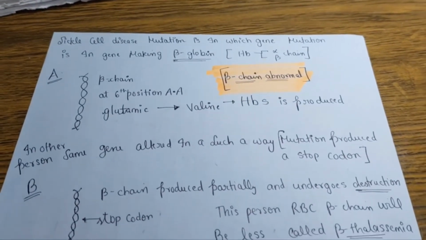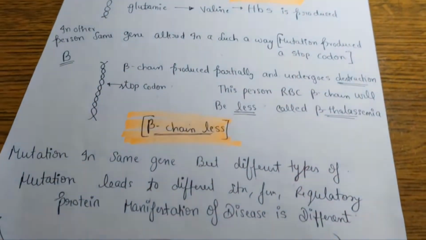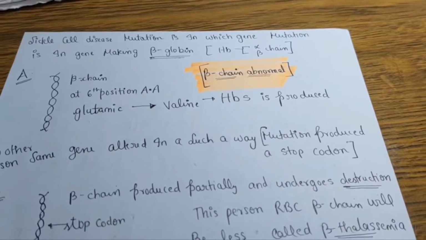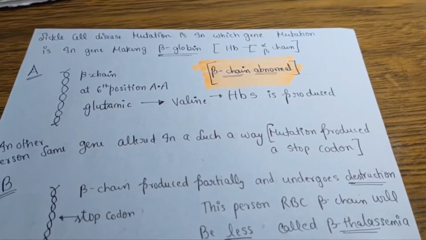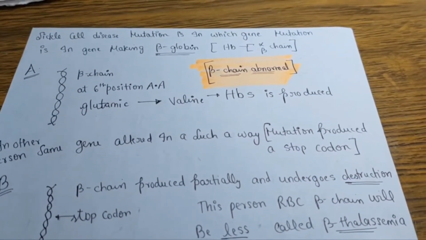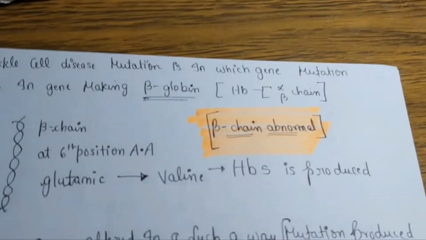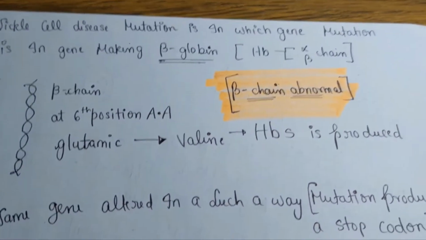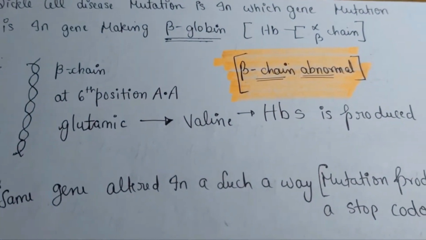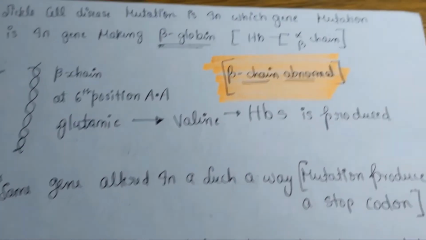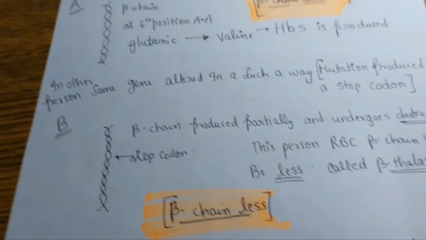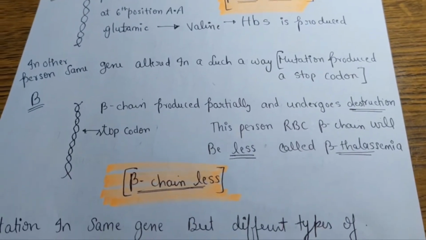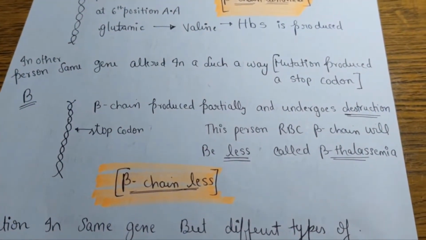So examples of allelic heterogeneity are sickle cell anemia and beta thalassemia, like I told. In sickle cell disease, the mutation is in the gene associated with beta globin. We know hemoglobin has an alpha chain and a beta chain. So the beta chain is affected and the alpha chain is normal. Here at the 6th position, the amino acid glutamic acid is replaced by valine, and due to that we have an abnormal beta chain. In some other person, the same gene may be altered in such a way that the mutation produces an early stop codon.